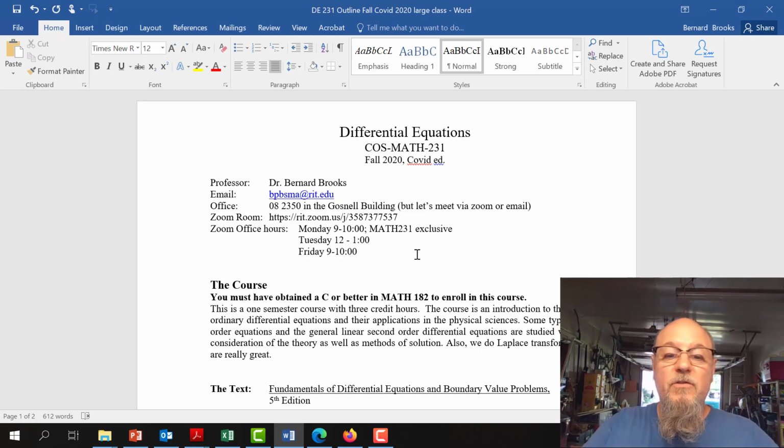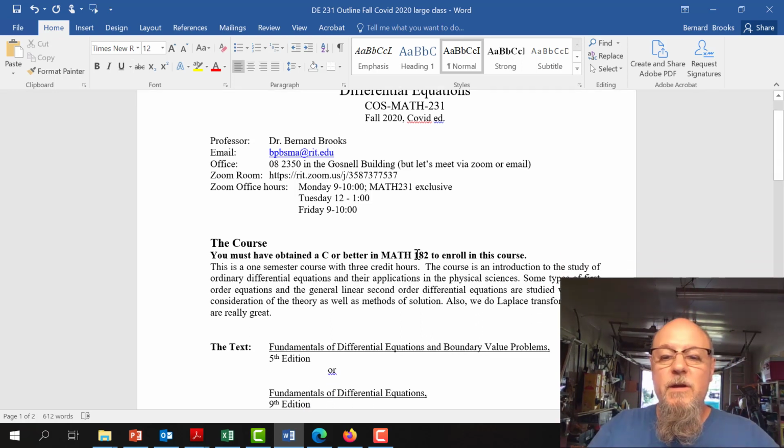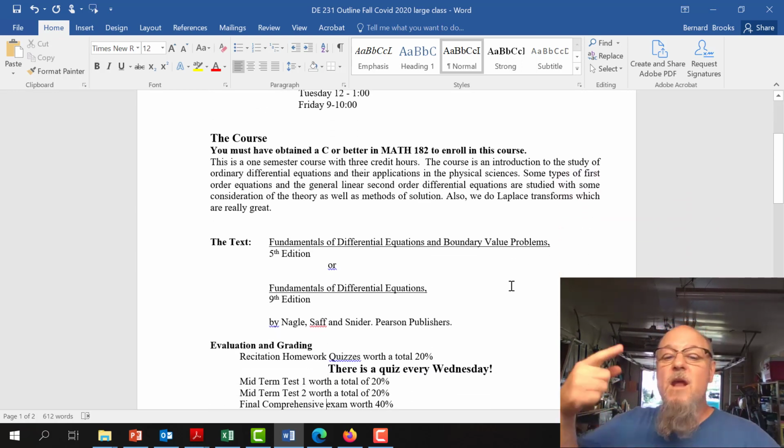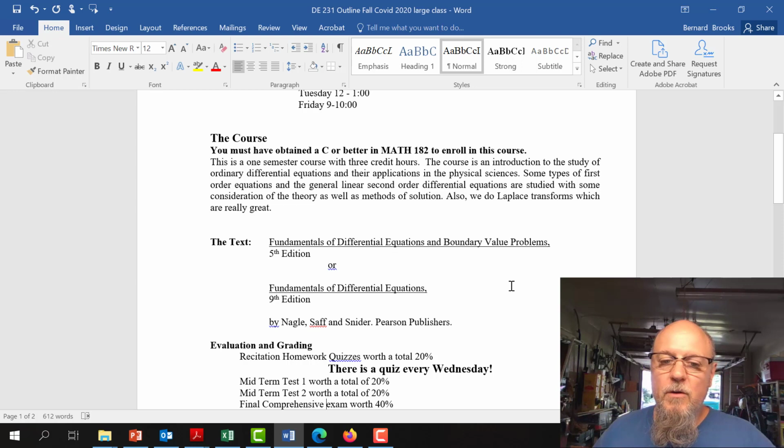So going over the syllabus here, you can download this and read. The textbook, you can get either of those 2 textbooks. They're the same textbook, except the one with boundary value problems has some other chapters on boundary value. If you plan to take boundary value problems in the future, then get the one with boundary value problems. Otherwise, you can get the other one, the 9th edition.